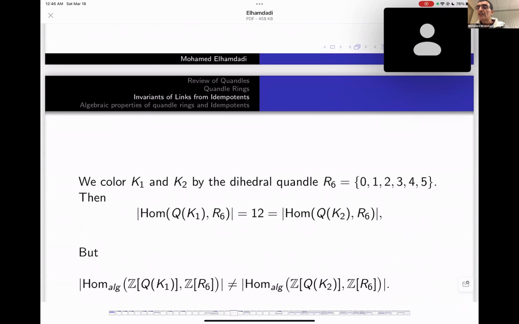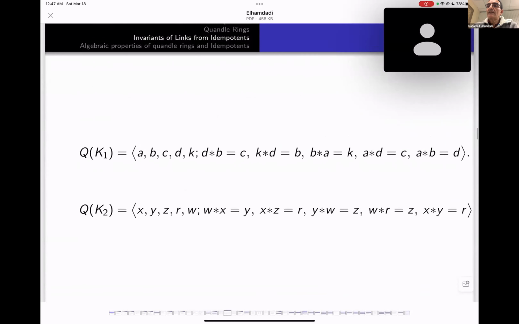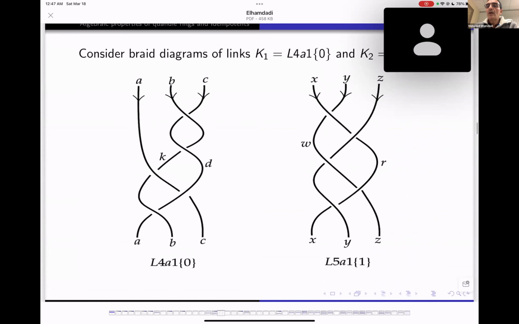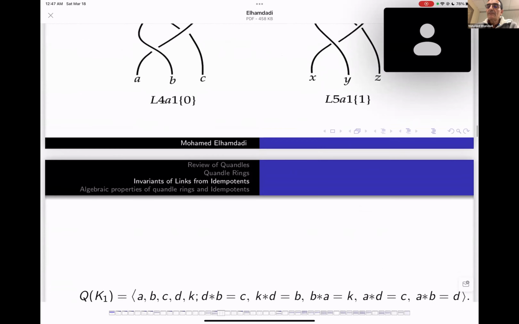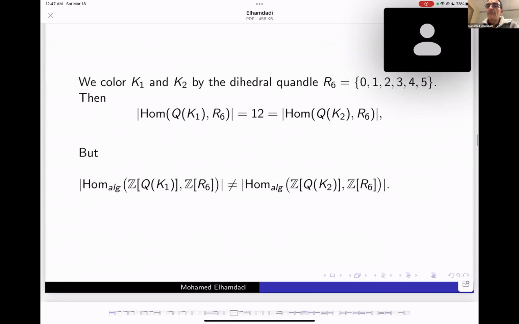The quandle operation is x star y equals 2y minus x mod 6. We can compute the number of colorings explicitly, and it comes out to be exactly 12 for both of them. If you color these two knots by the dihedral quandle of order 6, you get 12 colorings for each of them, which means the coloring invariant does not distinguish them.